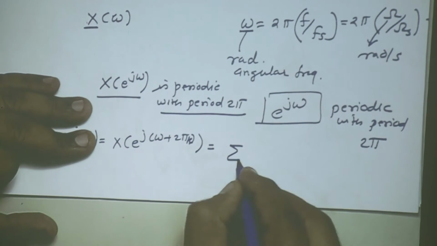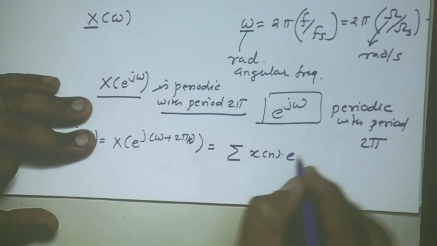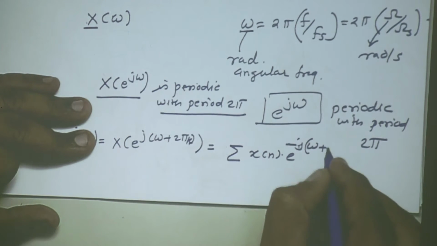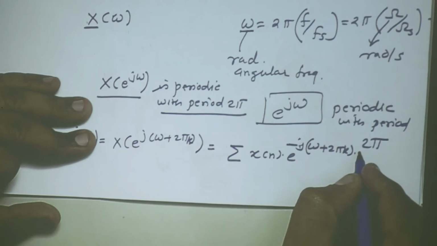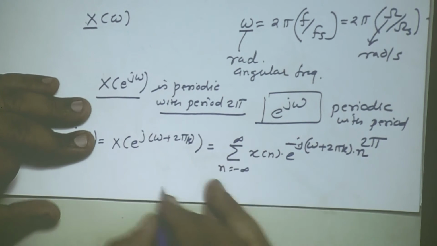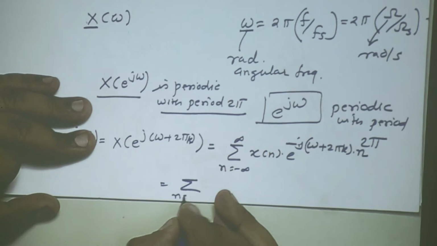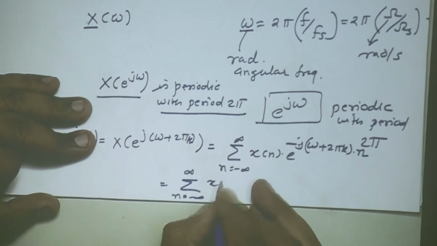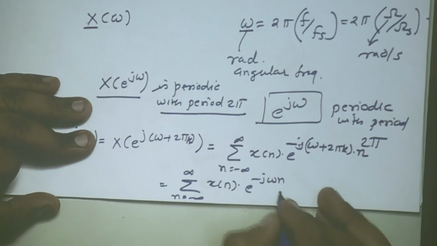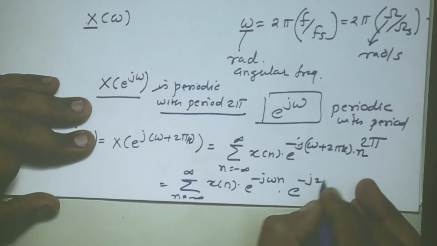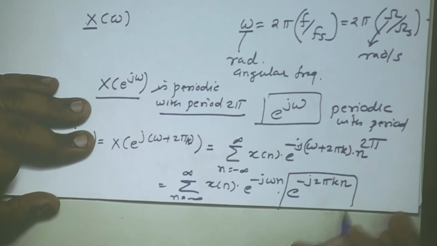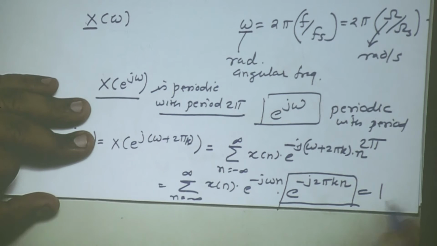So the summation of x of n e to the power minus j, omega plus 2 pi k times n, n going from minus infinity to plus infinity, equals the summation of x of n e to the power minus j omega n multiplied by e to the power minus j 2 pi k n, and this last factor is always equal to 1.